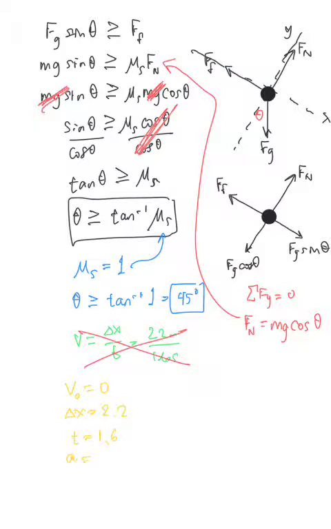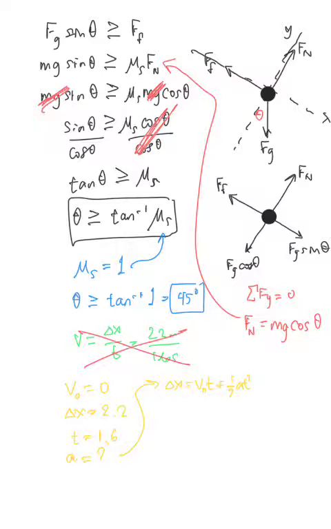So a is the thing we want to look for to help us connect it to the force part of the problem. We're missing the final velocity, so the formula we want to use is delta x equals v0 t plus 1/2 a t squared.